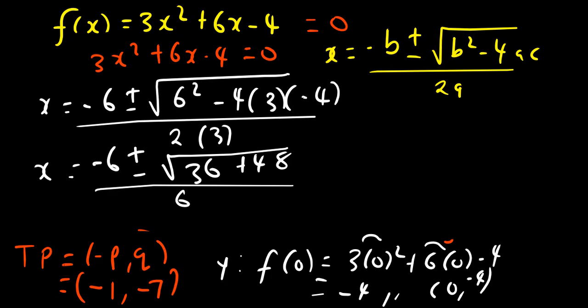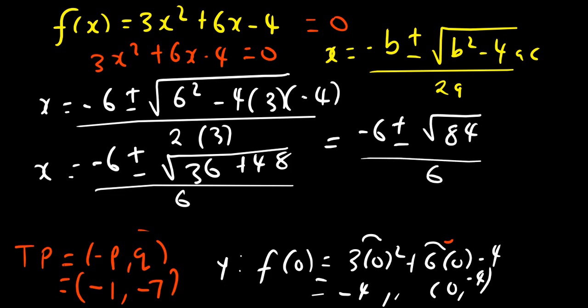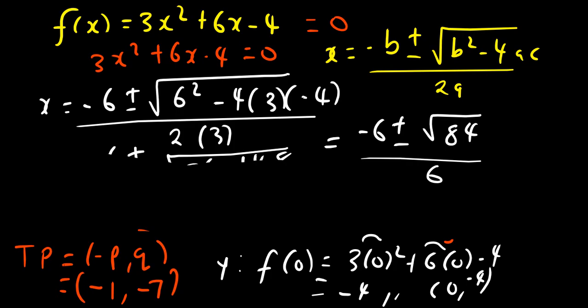Now what are we going to have? We have negative 6, positive or minus the square root of 36 plus 48, that is 84, everything over 6. Now here, the square root of 84: in case they allow you to use a calculator, you can punch it.